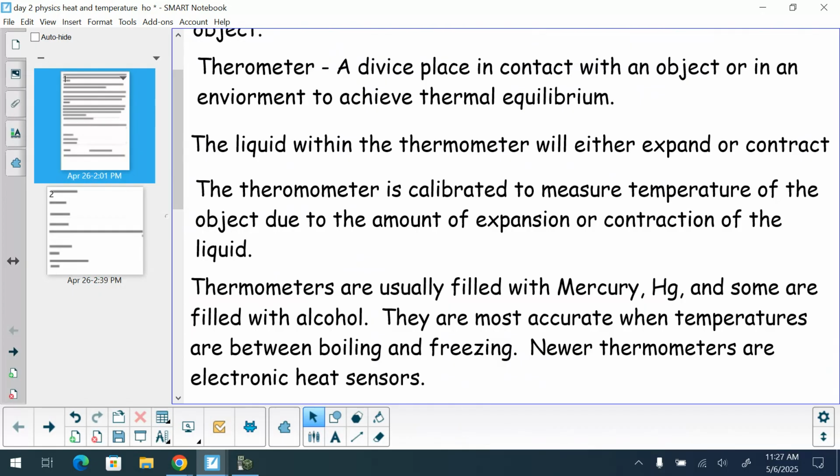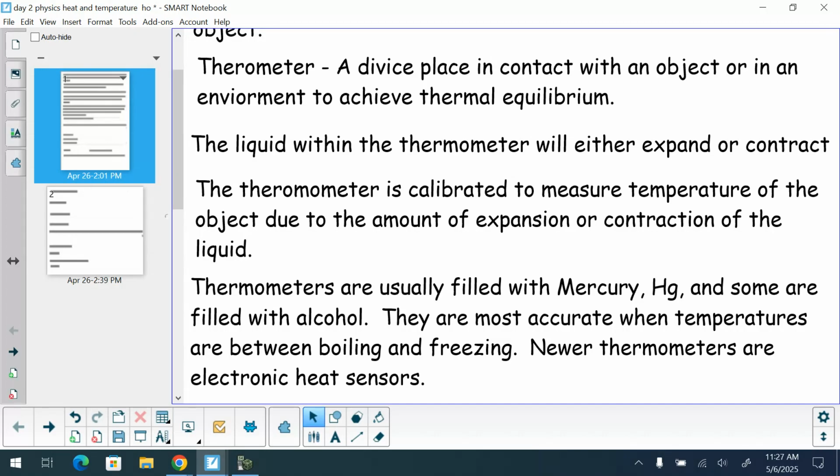But once again, the newer thermometers are just electronic heat sensors. It's just how technology has gone. Some of the reason why is the old school thermometers are filled with mercury, and you put mercury in your mouth. If somehow the thermometer broke, you may get mercury within your mouth.